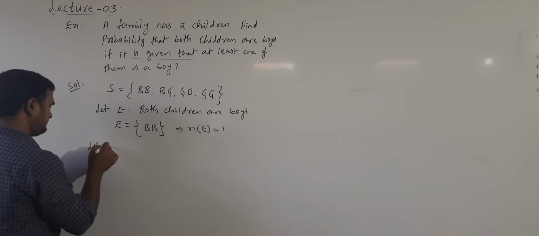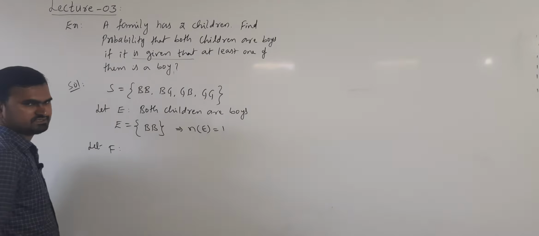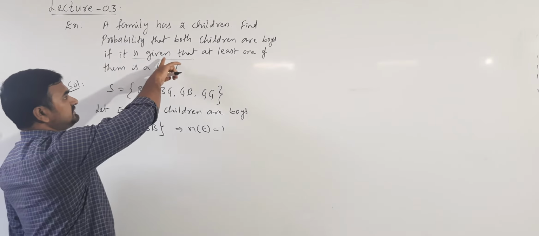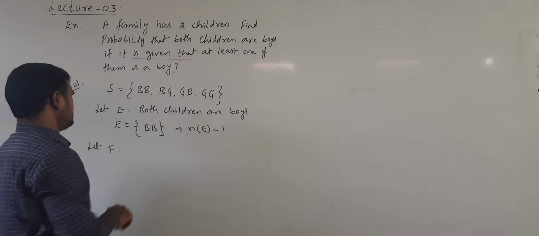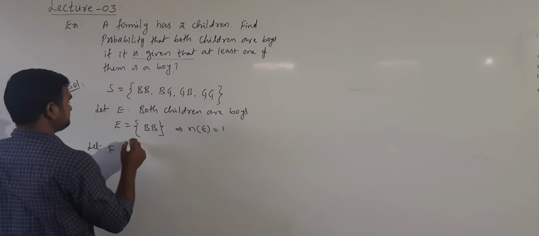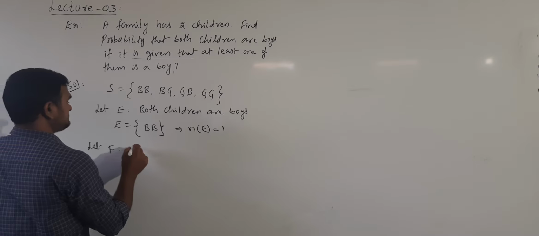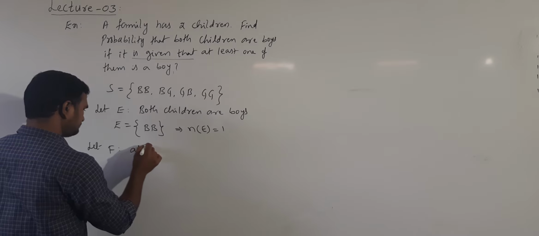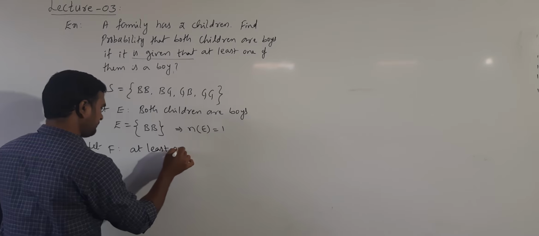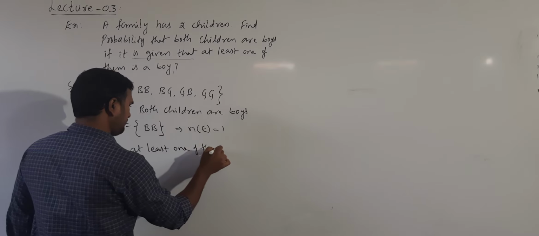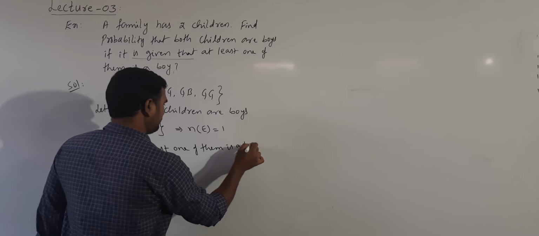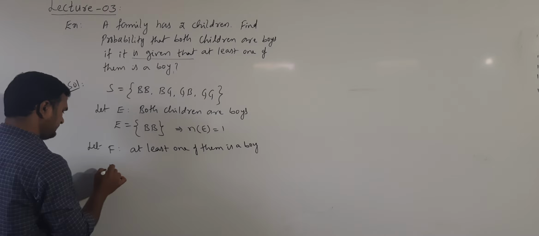Next we define the second event, which has already occurred. Already occurred means we know that. So event F, I will take as at least one of them is a boy. What will be the elements of F?